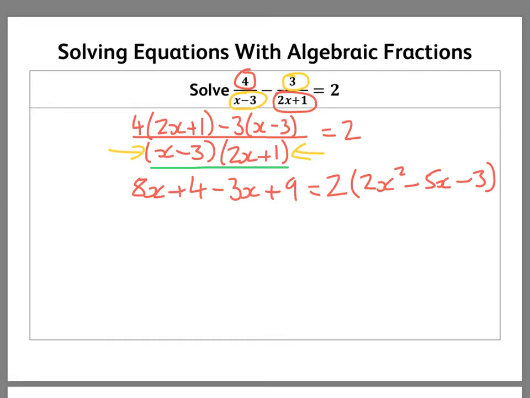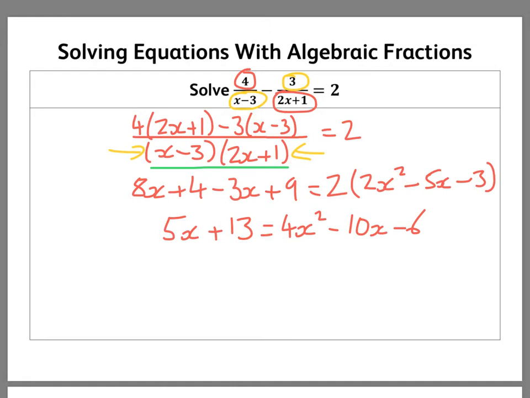Now, what we then need to do is simplify everything, so we get 5x plus 13 equals 4x squared minus 10x minus 6. I need to then get everything on one side and equal to 0 because I've got a quadratic, haven't I?